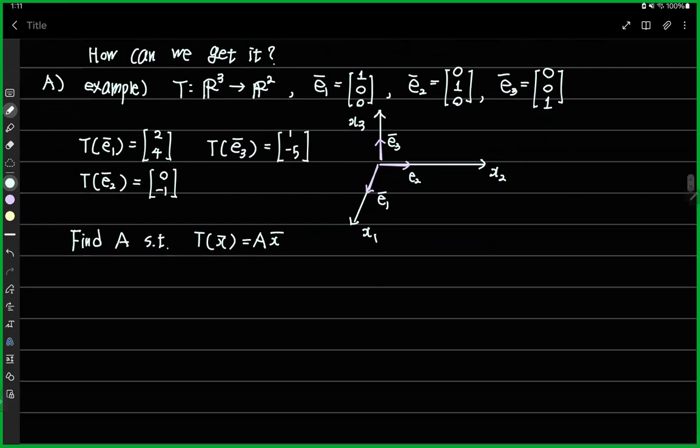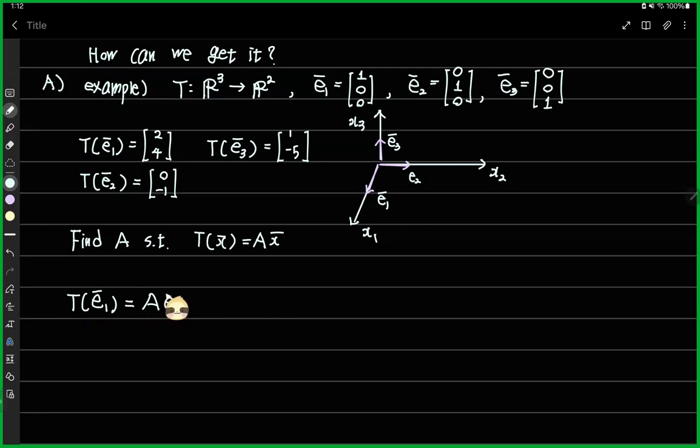So what we're going to do is think about these 3 given pieces of information. T of E1 is equal to A times E1, right?